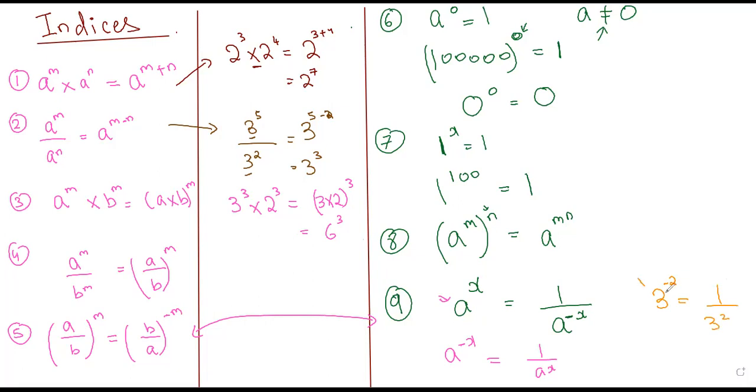Because here it was in the numerator, I've taken it to the denominator, so I will multiply the power with minus 1. For example, if we have 4 to the power 2, it would become 1 over 4 to the power minus 2. Right? Is this okay? Did you understand this? Yes. Okay, perfect.